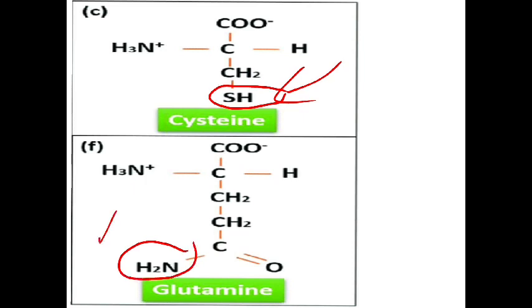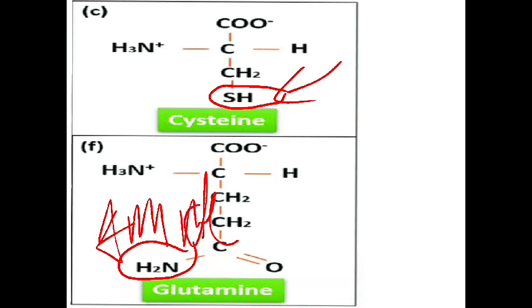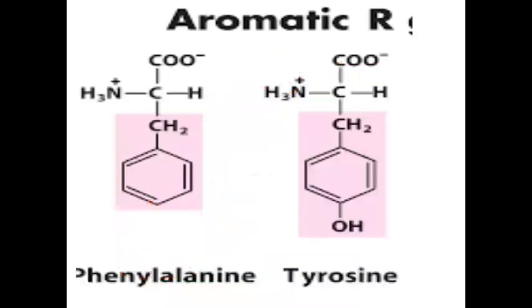This one has an amide group. Glutamine. It is uncharged, but it is polar. It can dissolve in water. It is hydrophilic. We have this, we talked about the benzene ring. This is the benzene ring here.